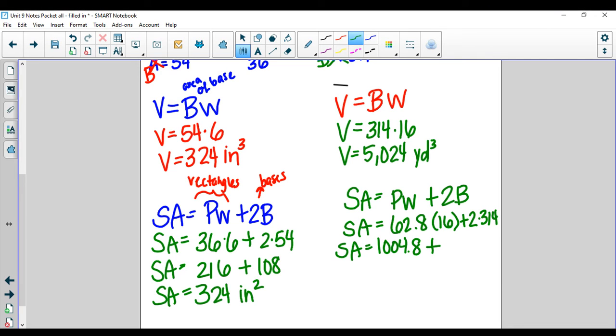And then I'm going to do the 2 times the 314, which will give me 628. I'll then add those two things together, and my total surface area for this cylinder is going to be 1,632.8 square yards. So that's how that one would work.